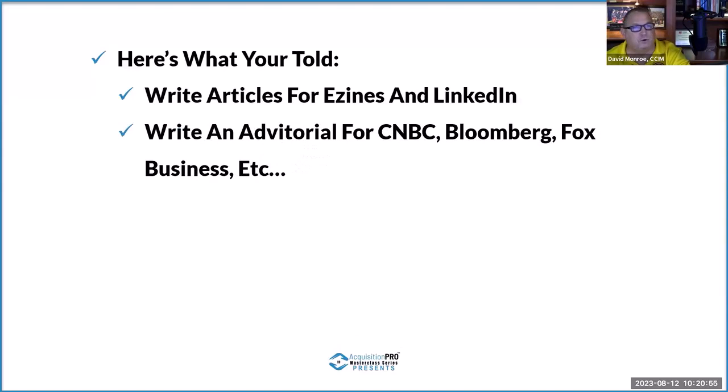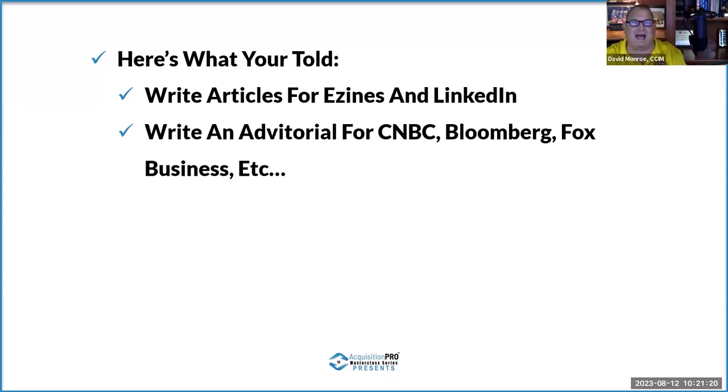Write an advertorial for CNBC, Bloomberg, Fox Business, so you can get that credibility. And make no mistake, they may say write an article, but you aren't getting an article approved on CNBC, Bloomberg, or Fox Business. They will take advertorials, because you have to pay in order to get that article on those websites.